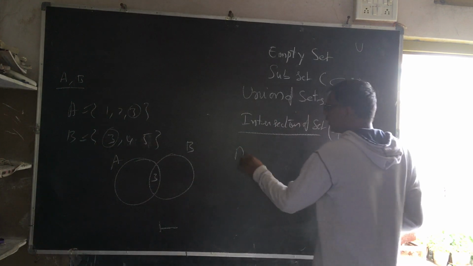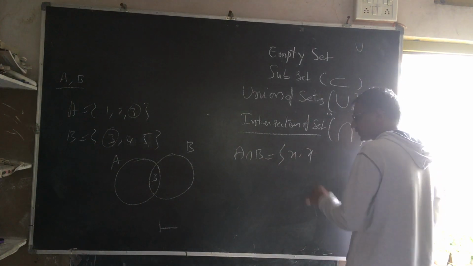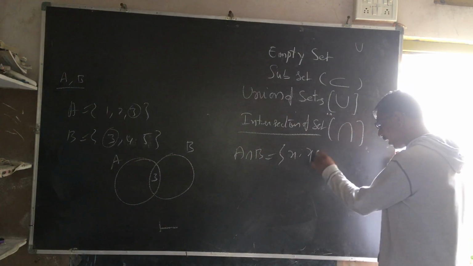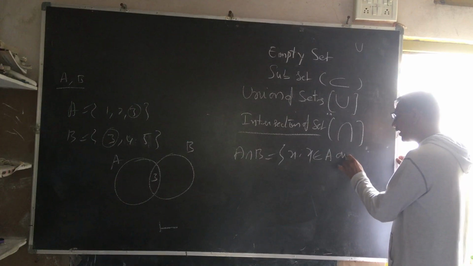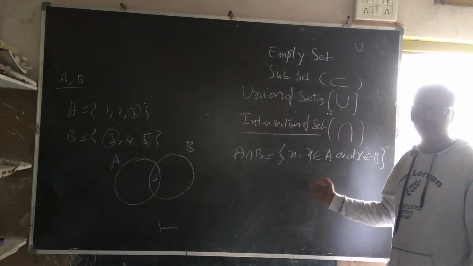So how to define A intersection B? x such that x belongs to A and x belongs to B. You can write it like this also.